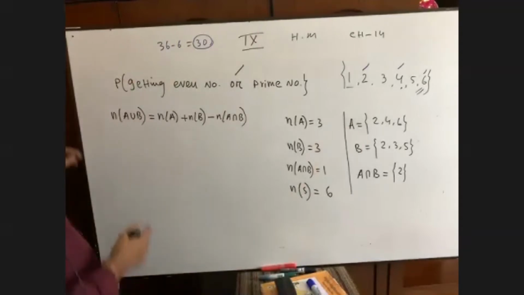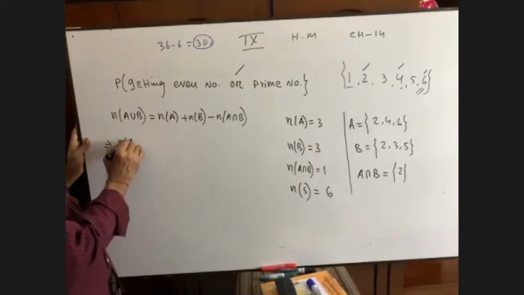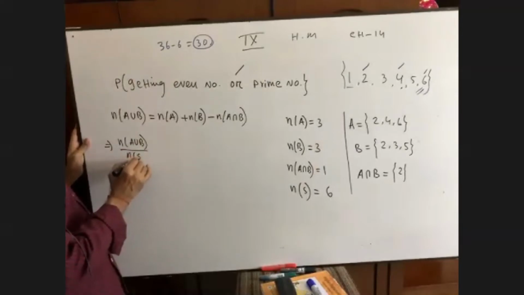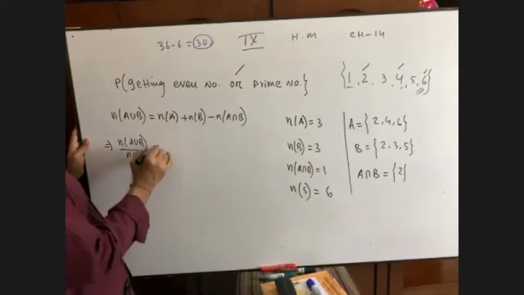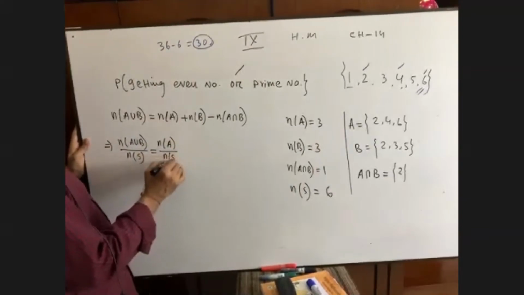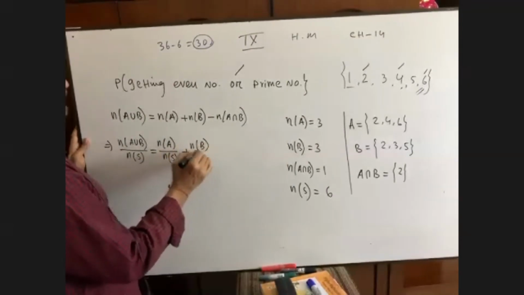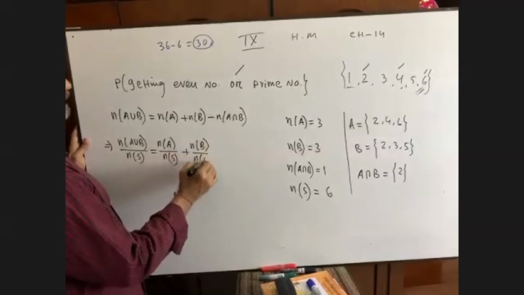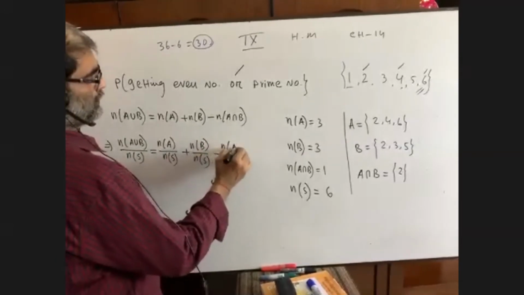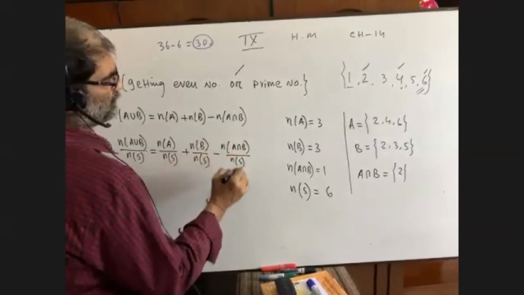Now, if I divide it, the very interesting thing: N of A union B by N of S is equal to N of A by N of S plus N of B by N of S minus N of A intersection B by N of S. What I have done, can you please let me know?